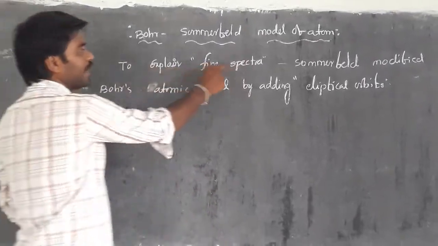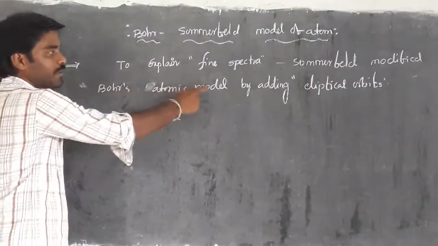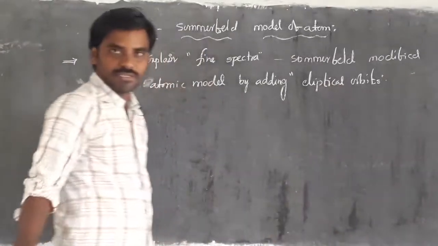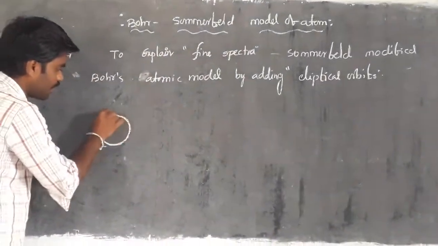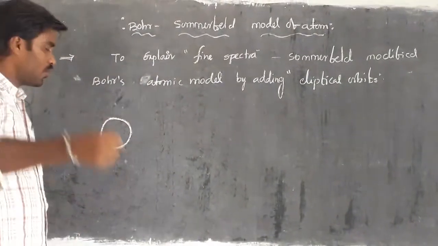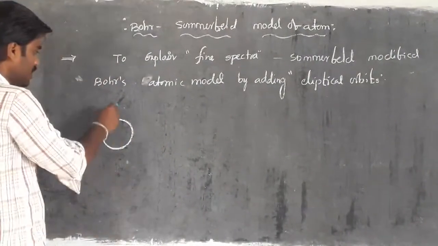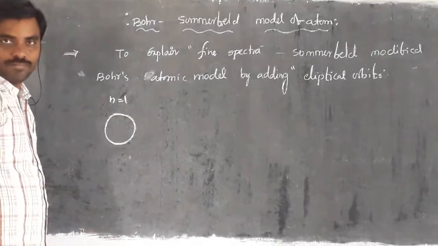To explain fine spectra, Sommerfeld modified Bohr's atomic model by adding elliptical orbits. Already we know, in Bohr's model every orbit is circular, because the electron is revolving around the nucleus. So take n is equal to 1.